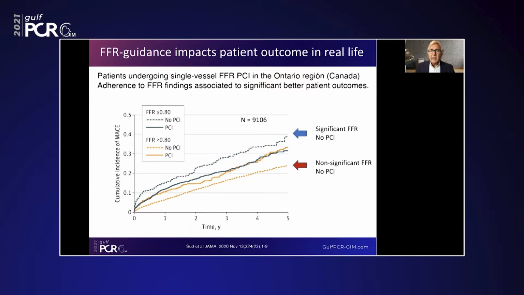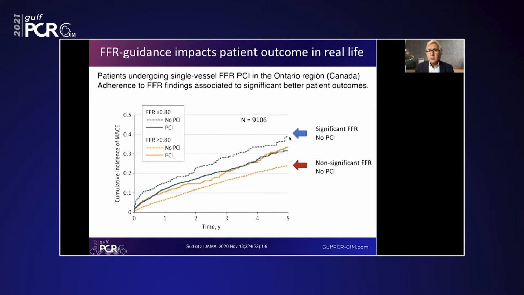Apart from trials, we have now large registries obtained in real life that demonstrate that adherence to the information provided by FFR in revascularization results in much better patient outcomes. This is one of such studies in the Ontario region in Canada, where you can see clearly how the patients who have much better result were those, again, emphasizing what we discussed before, that had non-significant FFR, and that this was followed by not performing PCI.